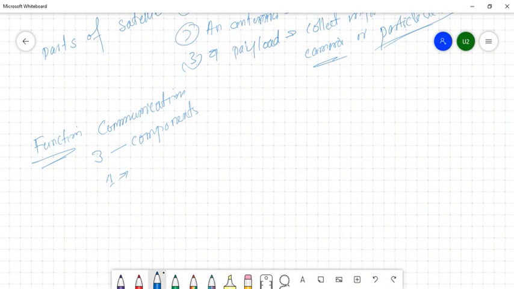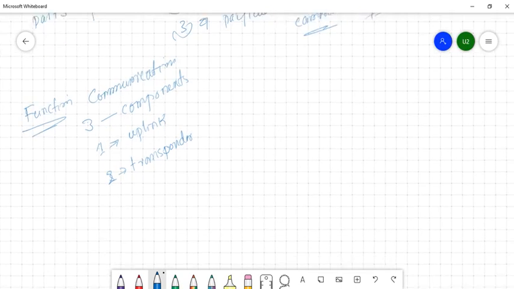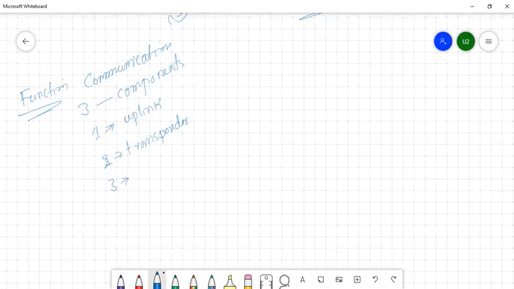One is uplink. Number second, that is transponder, satellite transponder. Number third, that is downlink.